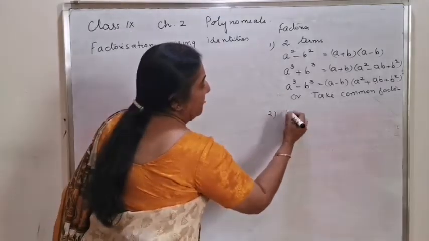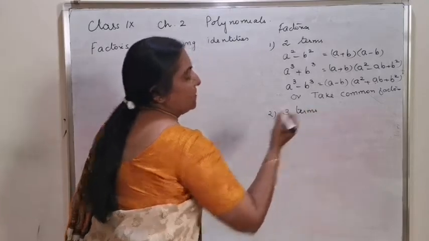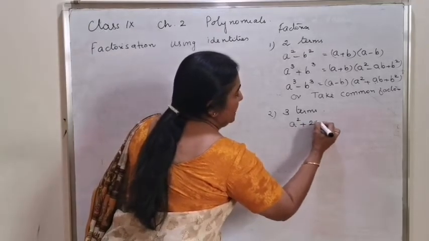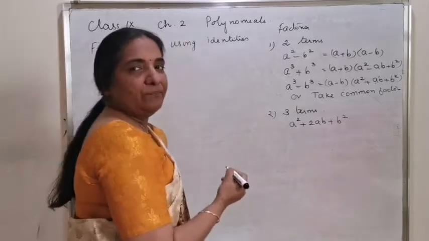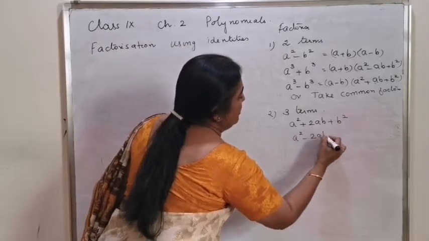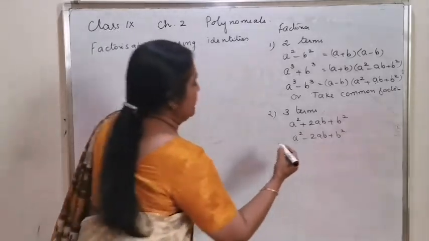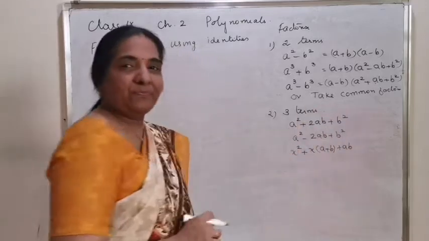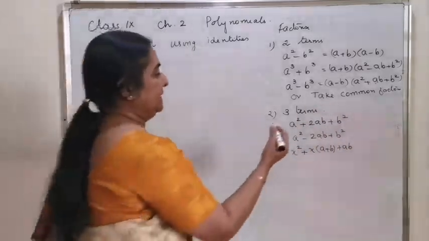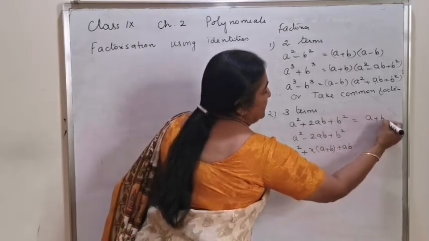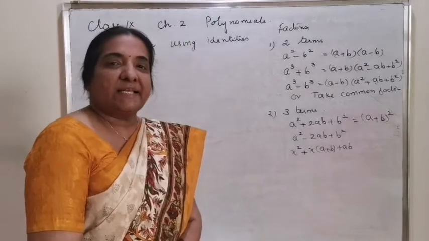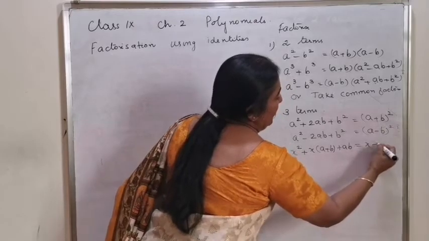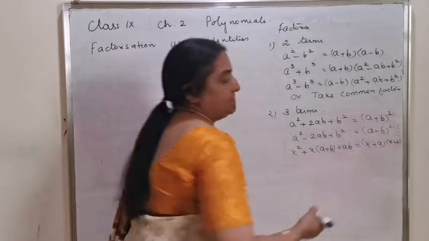If you have three terms in the question, you can check whether it is of the form a square plus 2ab plus b square, a square minus 2ab plus b square, or x square plus x into a plus b plus ab, which shows that a square plus 2ab plus b square is the expansion of a plus b whole square, a minus b whole square, or x plus a into x plus b.